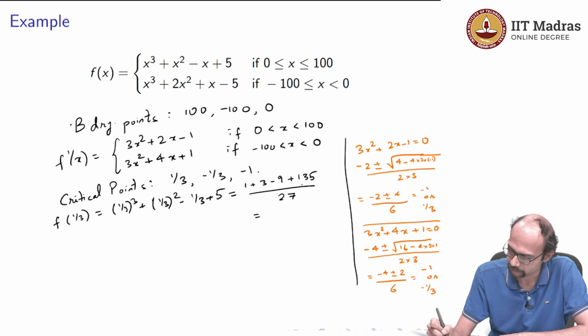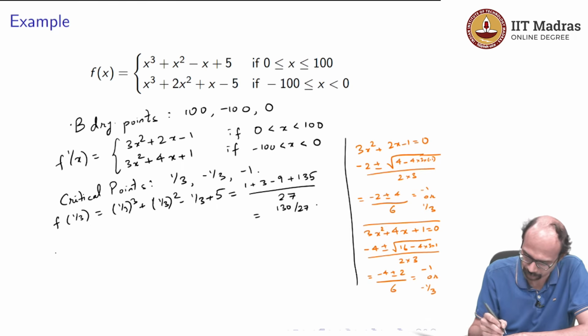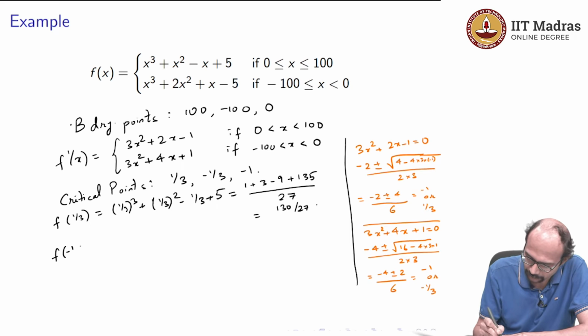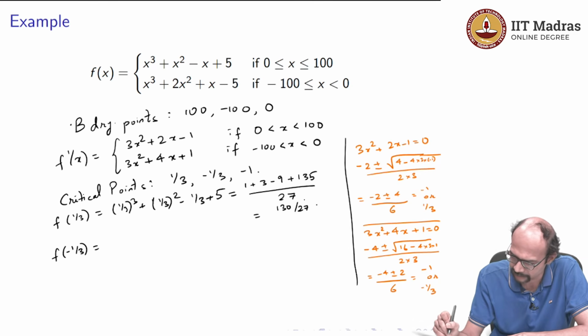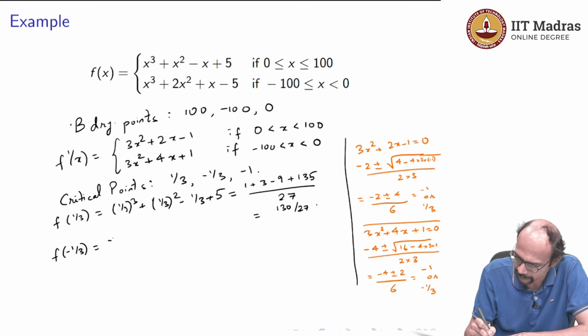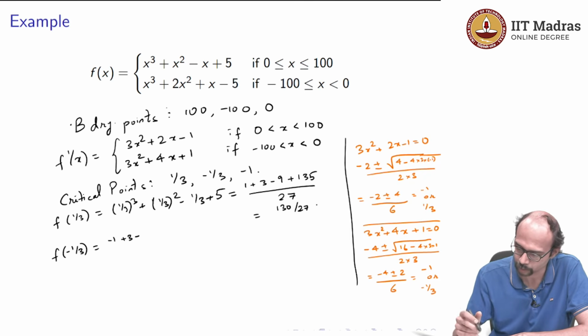So then that is 139 minus 9, so 130 by 27. So it is close to 5, slightly less than 5, between 4 and 5. Okay. And then we have f of minus 1/3 and you will have a similar computation. In the end you are going to get minus 1 plus 3 minus... but here I have to use the second equation, so this 3 is multiplied by 2.